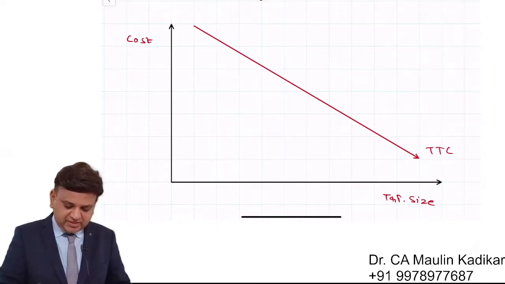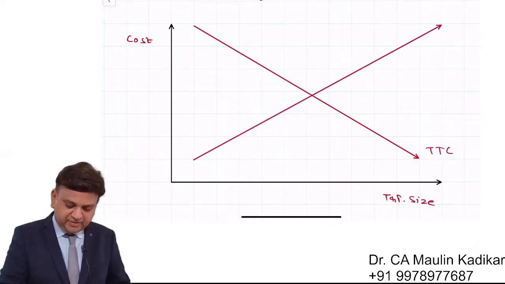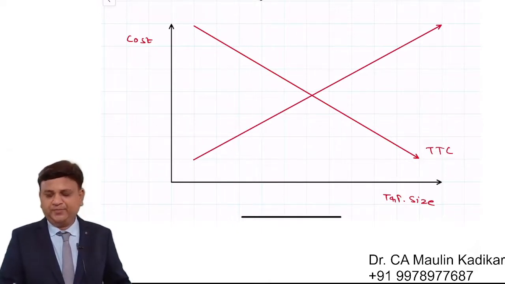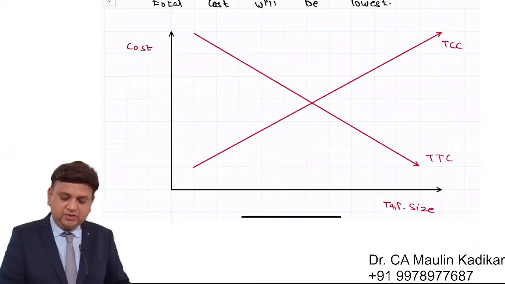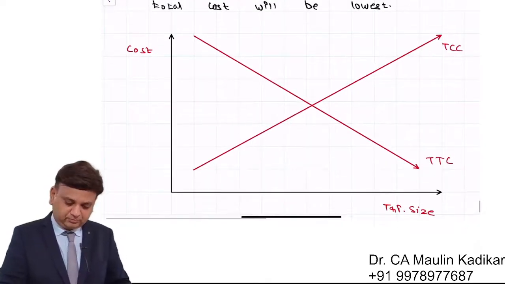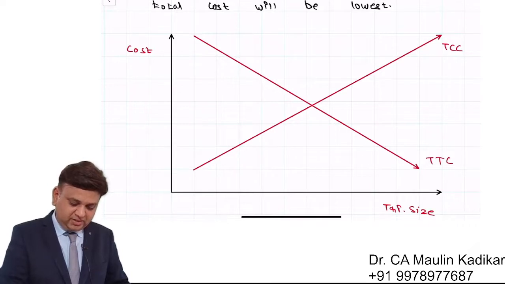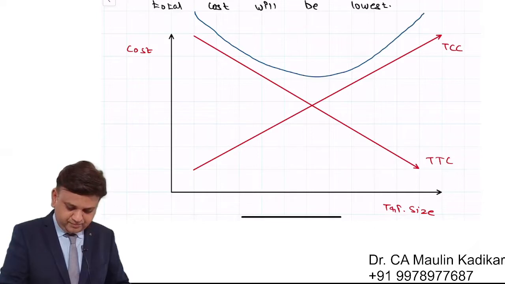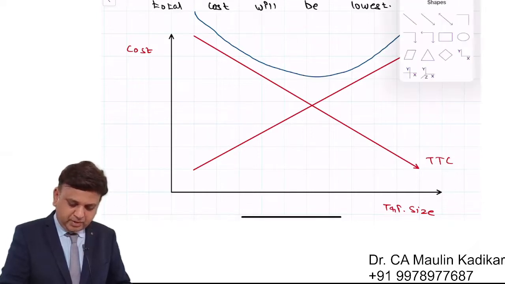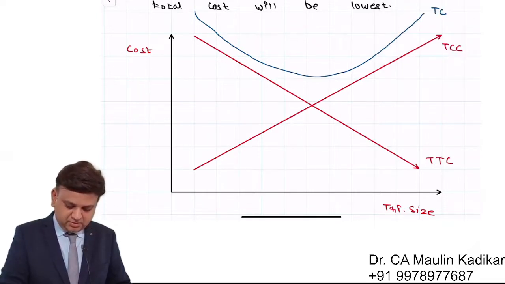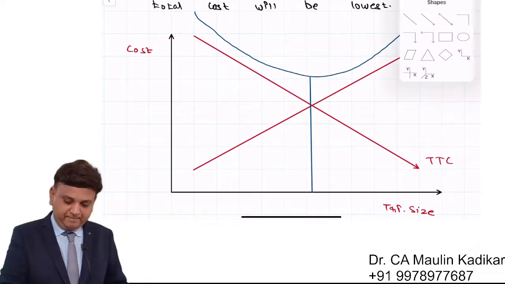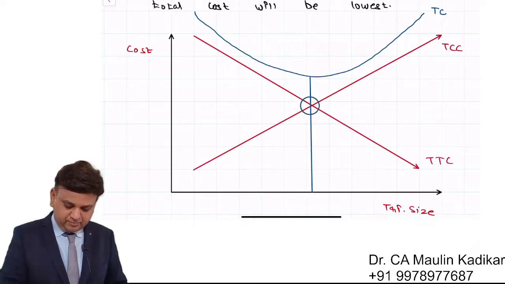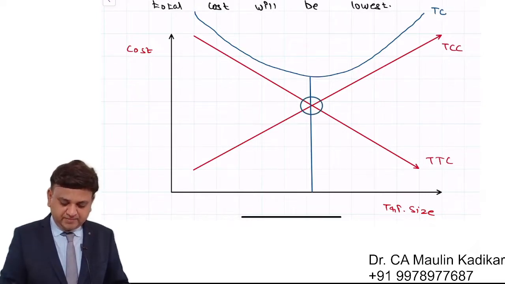And with the increase in the transfer size, on an average balance in the current account increases, so the total carrying cost increases. And this is the total cost. Total cost will be lowest when there is an intersection between both of them. That is what we understand.